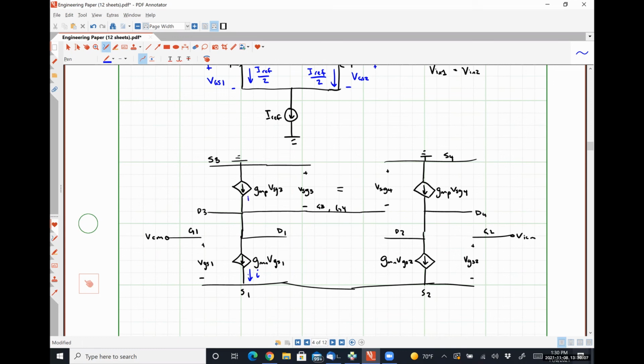That exact same current i must be flowing through transistor M3 because it's the only path.